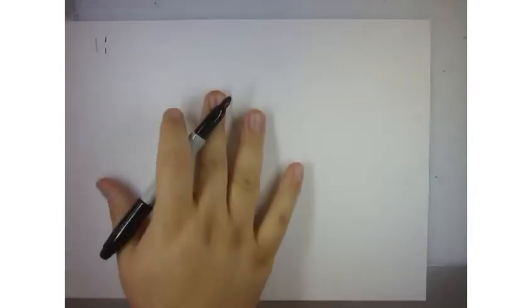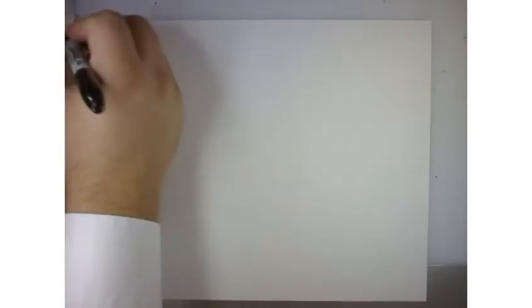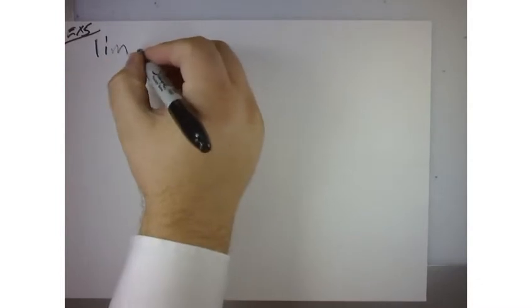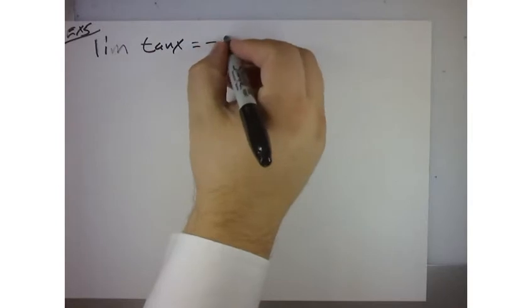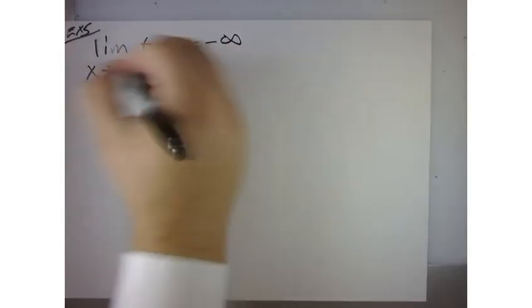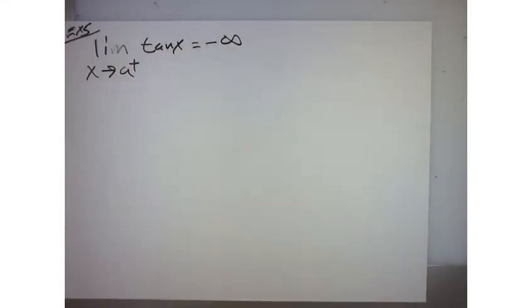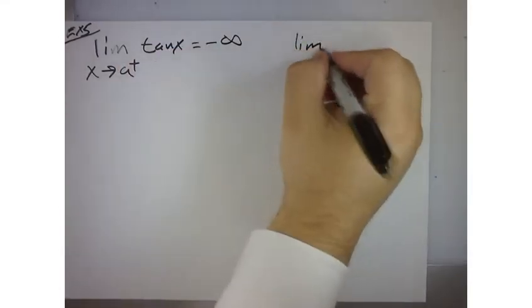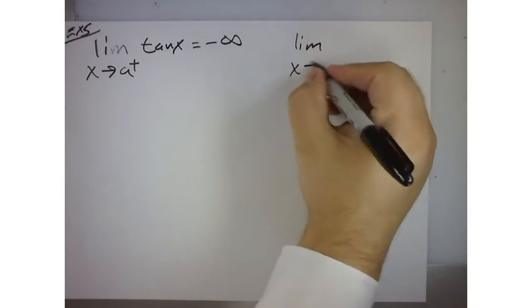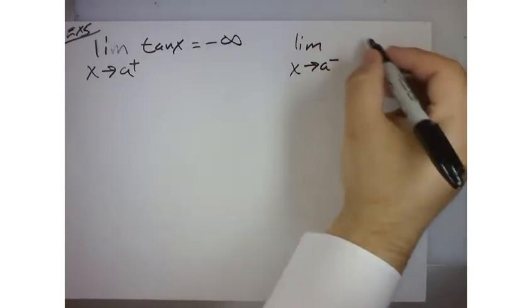So for example number 5, what they want us to do is find the limit, and this is kind of funny. They want us to find the limit of tangent of x equals negative infinity, but they don't know what causes that, from the right hand side, and the limit as x approaches some value from the left hand side.